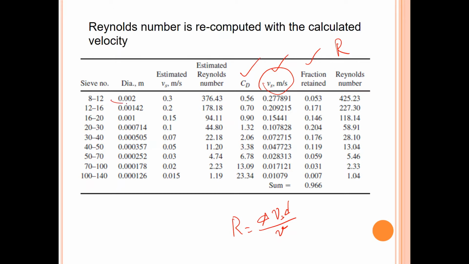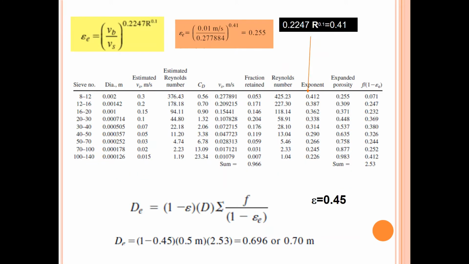The diameter is here, the shape factor is 0.82, and the viscosity we already know. So we can find the new Reynolds number for each diameter. Because we know the Reynolds number, we can find this exponent, and for this number we get 0.41, which we use to calculate the porosity.